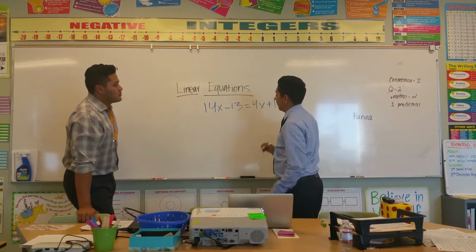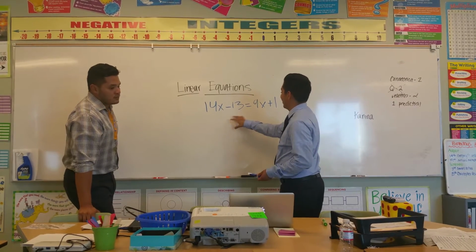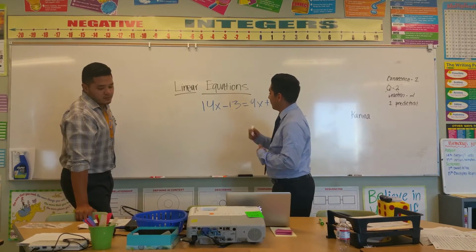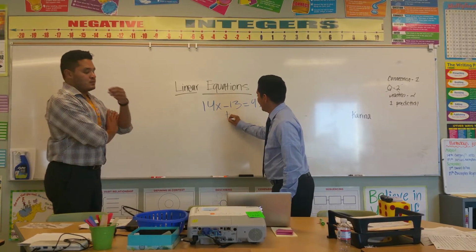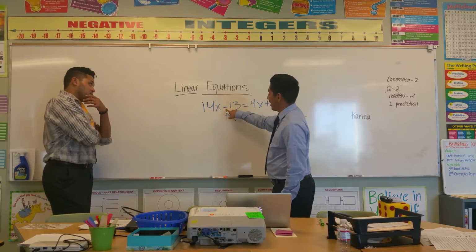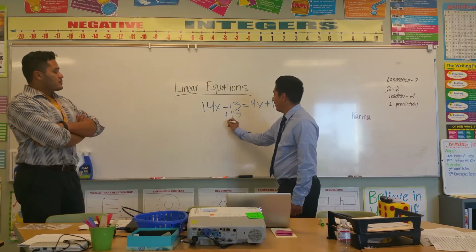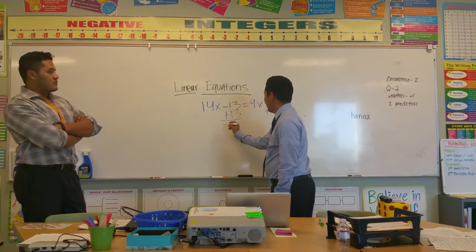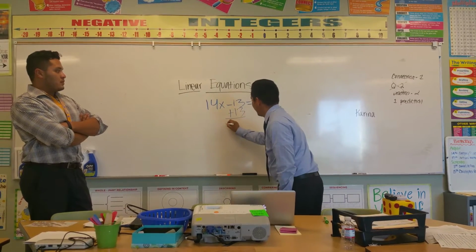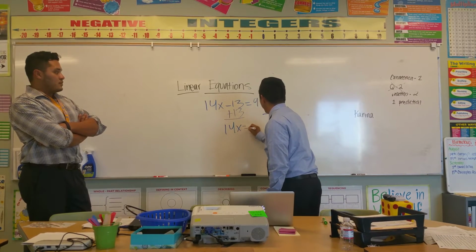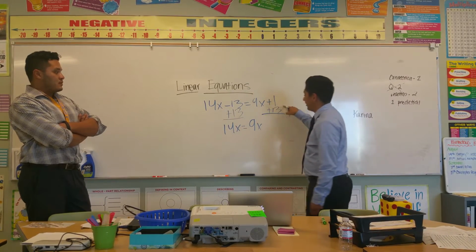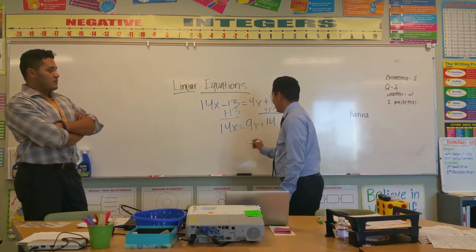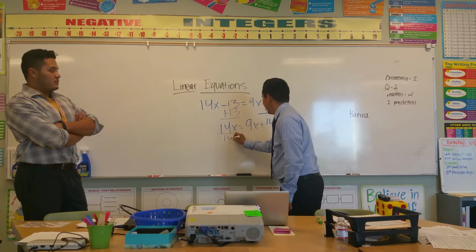So what we want to do first is get all of the x's and all of the other numbers by themselves. So we can start off with one easy way. We're going to get x on the left side, so we're going to add 13 right here. It's the opposite of a subtraction problem. What we do to one side, we do to the other. So we get 14x is equal to 9x, and then 13 plus 1 is plus 14. Then the final thing we would do is divide by 14.